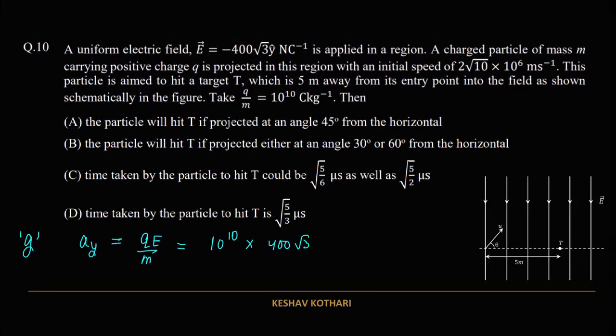So over here we attain a value that is equal to 4 root 3 into 10 to the power 12 meter per second square in the negative y-axis direction. So now my work is very simple. We can simply put the value of Ay instead of acceleration due to gravity in the expression for range. So in the expression for range, that is u square sine 2 theta by g, I can replace g and put over here Ay.